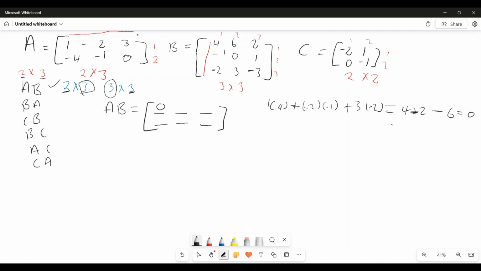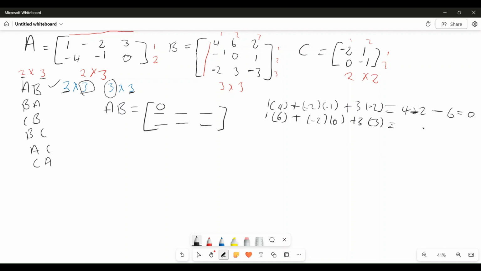Then now we go again. The same row is going to multiply this second column. That is going to give us the second entry there. Now we are going to say 1 multiplied by 6, plus minus 2 multiplied by 0, plus 3 multiplied by 3.